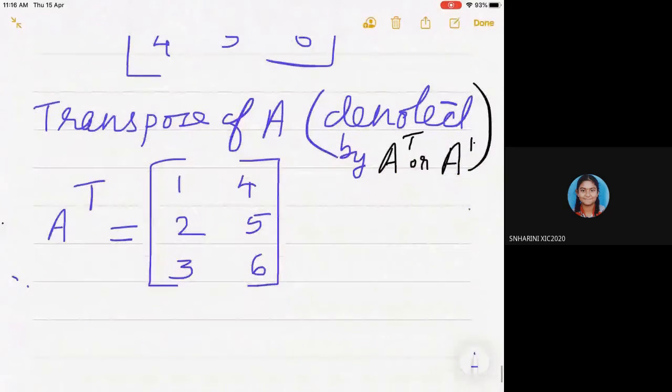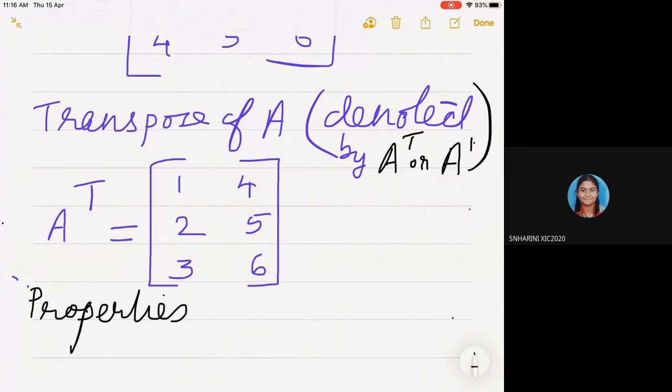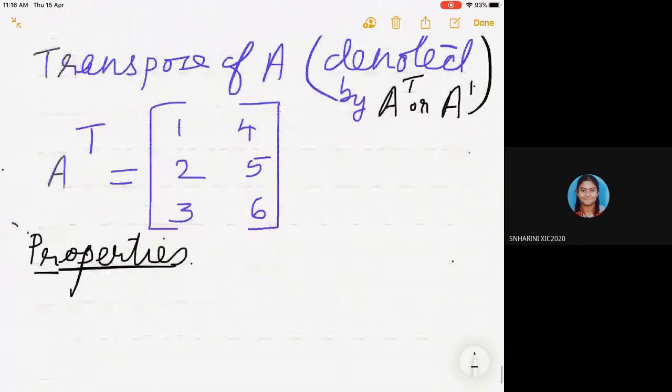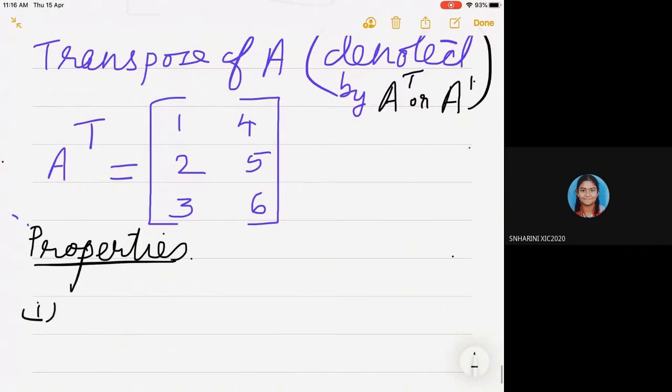Now some properties of transpose. First property, suppose A and B are two matrices and you know how to add the two matrices.